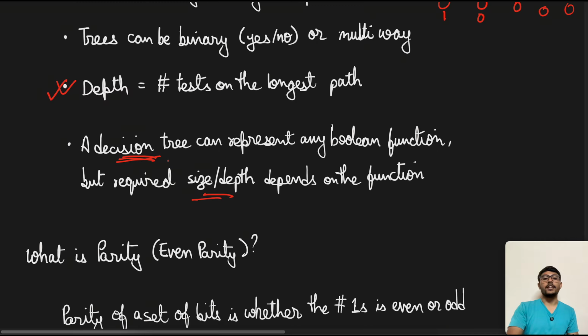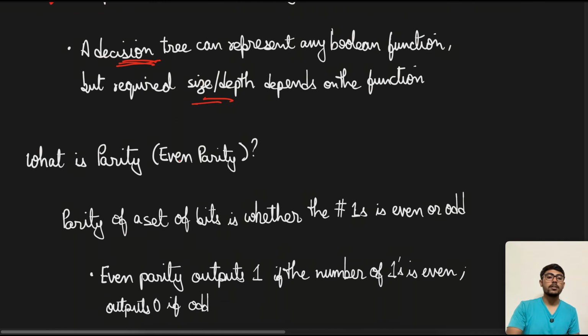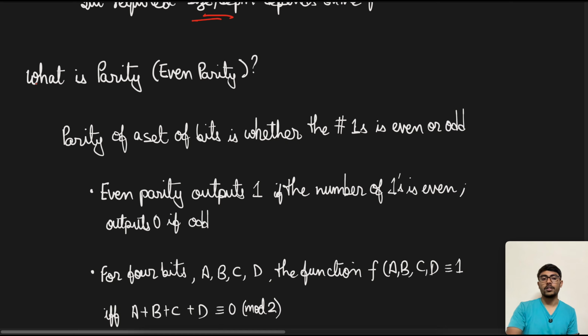Now we come to parity, right? What is parity, and specifically even parity as per the question. So parity of a set of bits is whether the number of ones is even or odd, right? It's very simple. We just check the number of ones in that particular set of bits. Even parity outputs 1 if the number of ones is even. Simple, as per the name suggests.